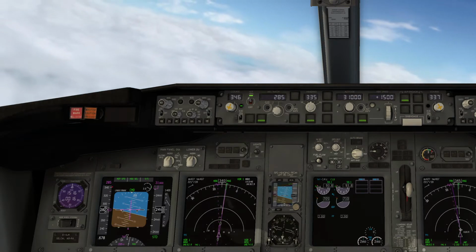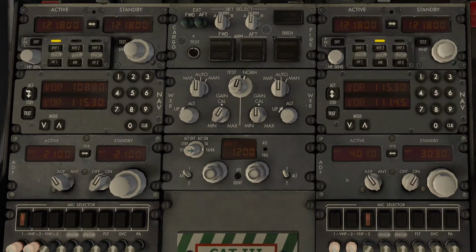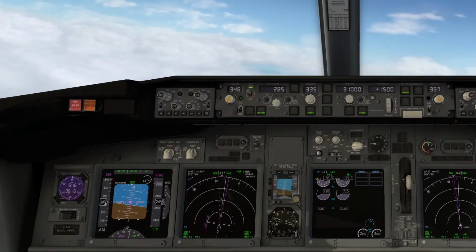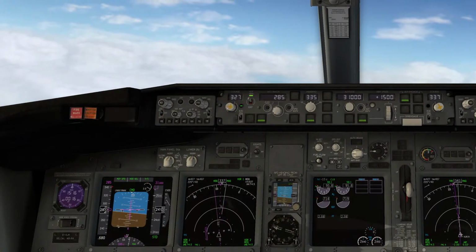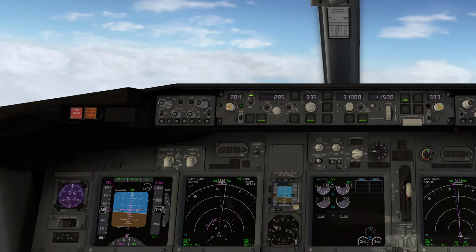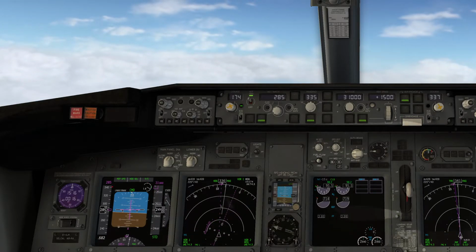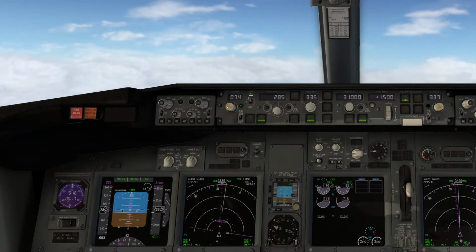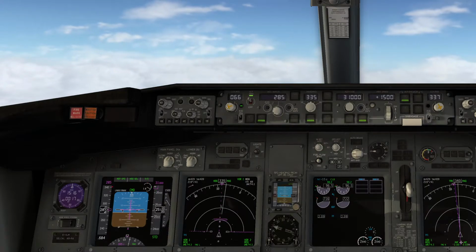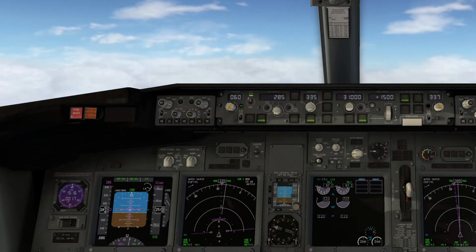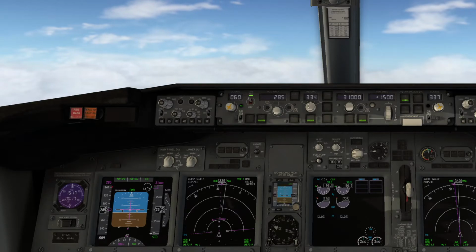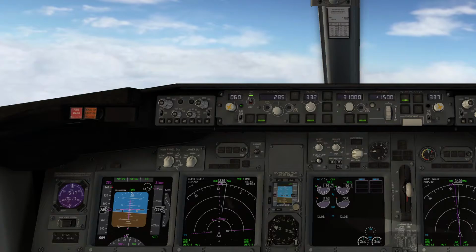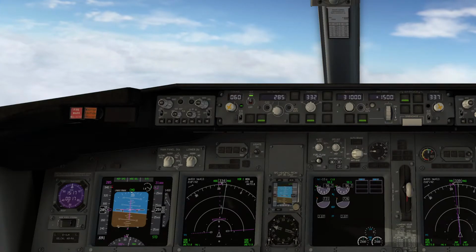We switch to Mende 060. That's the VOR we need to intercept. That will be a sharp intersection.